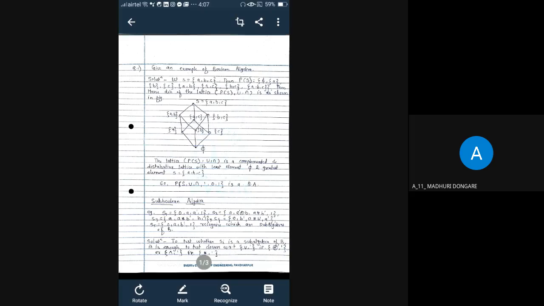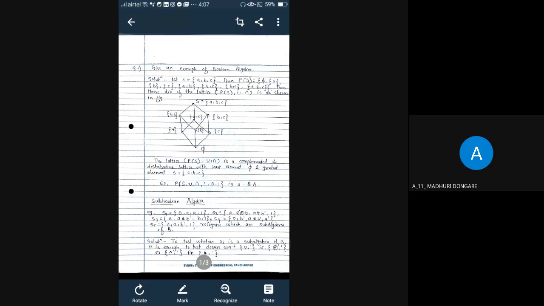Now, if you check, this is a complemented lattice. Also, it satisfies the distributive property. And again, a least element and a greatest element exist. Here the least element is phi and the greatest element is set S. So we can say that this lattice is complemented, distributive and bounded.